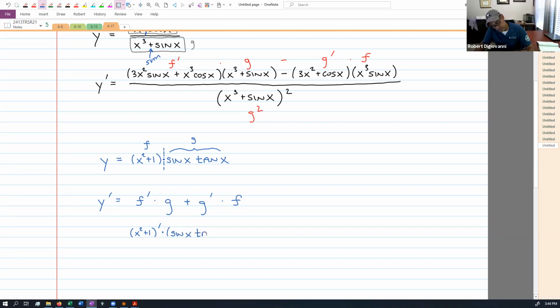Let me write down G. Here's G, right? So this is F prime times G. And then plus, now I need the derivative of G, right? So I take sine x tangent x, I need to take its derivative and then multiply that times F, which is the first function. Do you all see that? F prime times G plus G prime times F. Y'all see that?